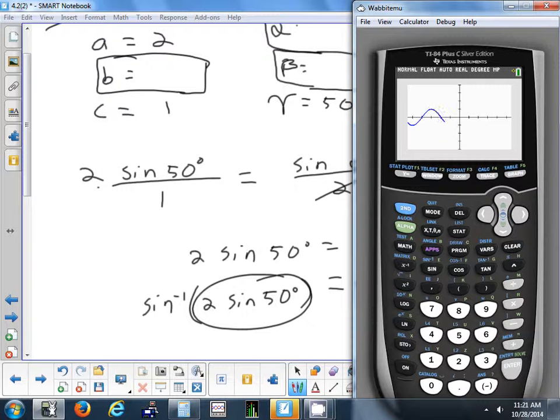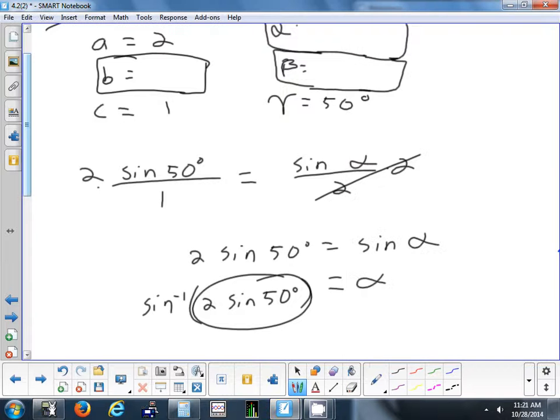So there's our sine function, and we're trying to find where the horizontal line at 1.53 hits that graph. You're asking a question that's not possible to solve graphically. They don't intersect. That's why you get a domain error. So there's no solution for alpha.